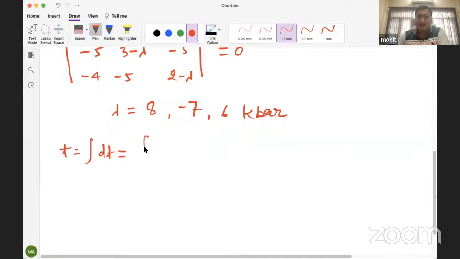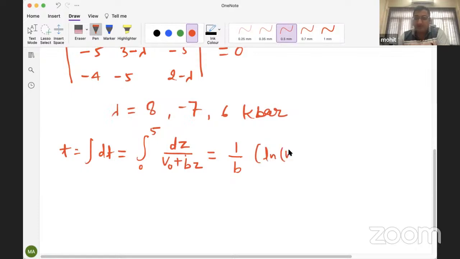Because you are going from a depth of 0 to 5, it will be dz divided by the velocity, which is a function of z, v naught plus bz. When you calculate it, it will come out to be 1 by b in bracket ln v naught plus bz, from 0 to 5.